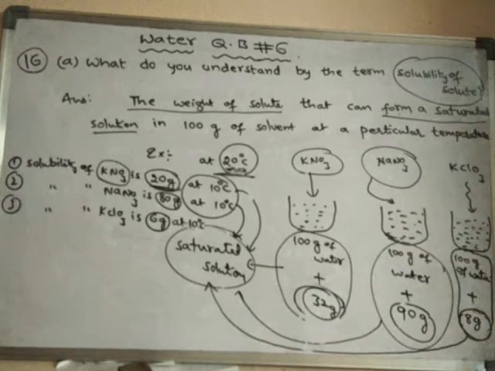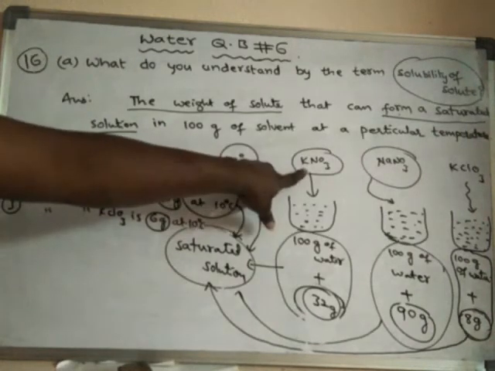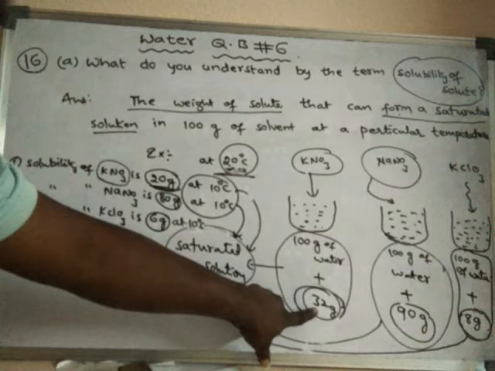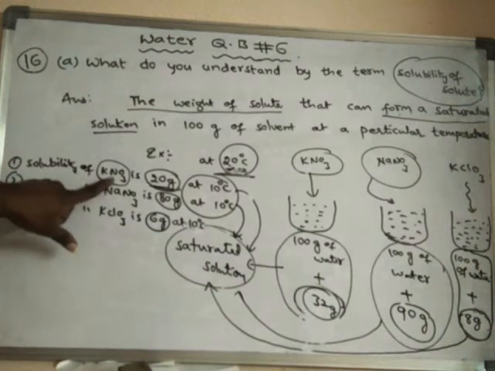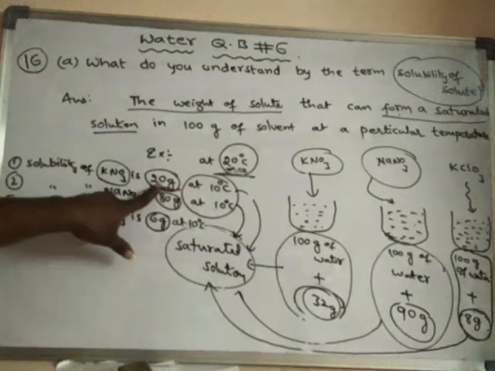So it is found that the solubility of a given solute changes with the change in temperature. At 20 degrees centigrade, the solubility of potassium nitrate is 32 grams, whereas the same potassium nitrate at 10 degrees centigrade has a solubility of 20 grams.